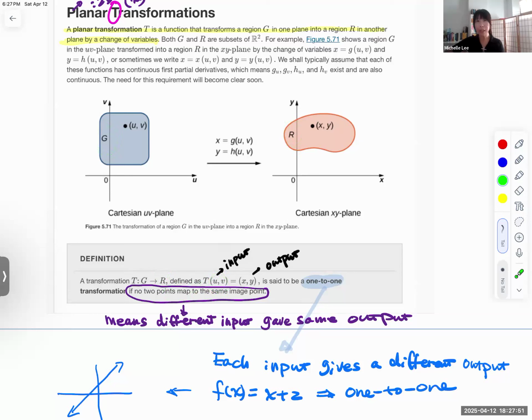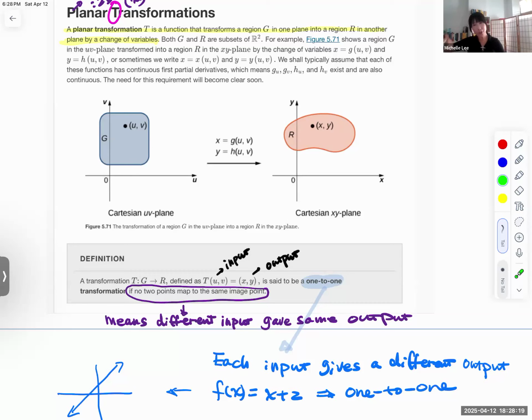Basically UV is the input, then we get the output, because T is a function. We learned from the previous course that with a function we have input, then we get output. So we made it a little bit fancy, but basically we have a function, input and output, that's it.